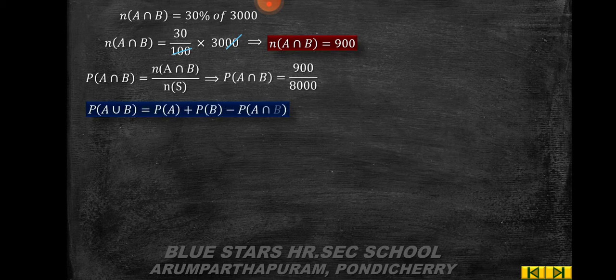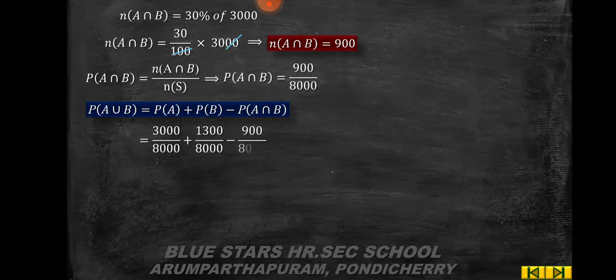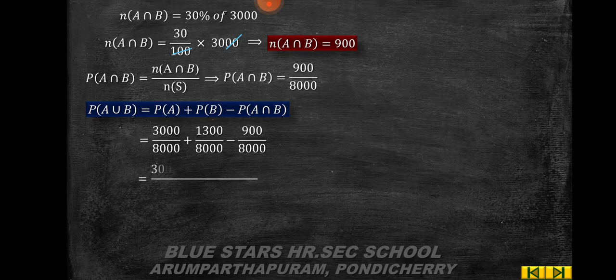So now P of A union B is equal to P of A plus P of B minus P of A intersection B, which is equal to 3000 by 8000 plus 1300 by 8000 minus 900 by 8000, which is equal to 3000 plus 1300 minus 900 by 8000.